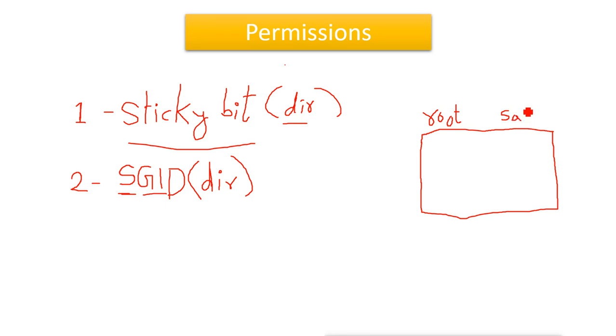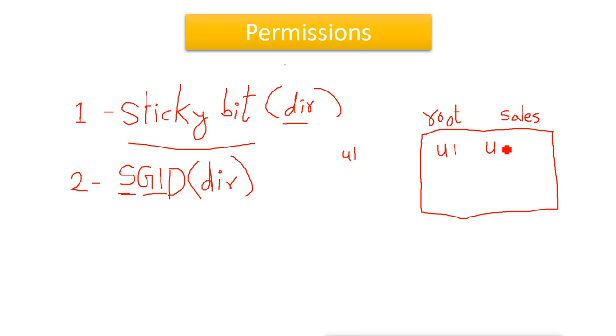Now when any user creates any file in this directory, suppose user root is the owner and has given permission for all the other users to create files. So for example, when user 1 creates the file, what happens? The owner will be user 1 and the group owner will also be user 1.